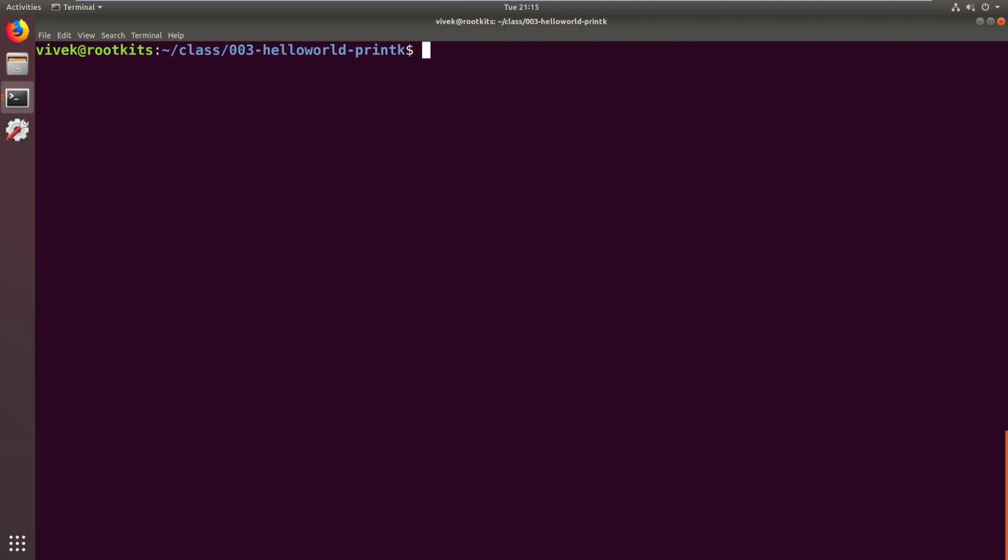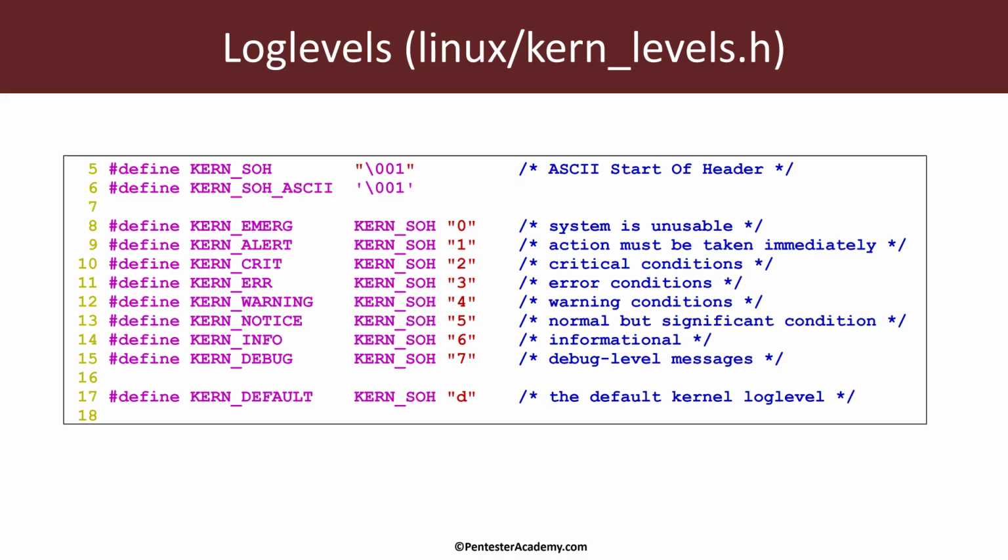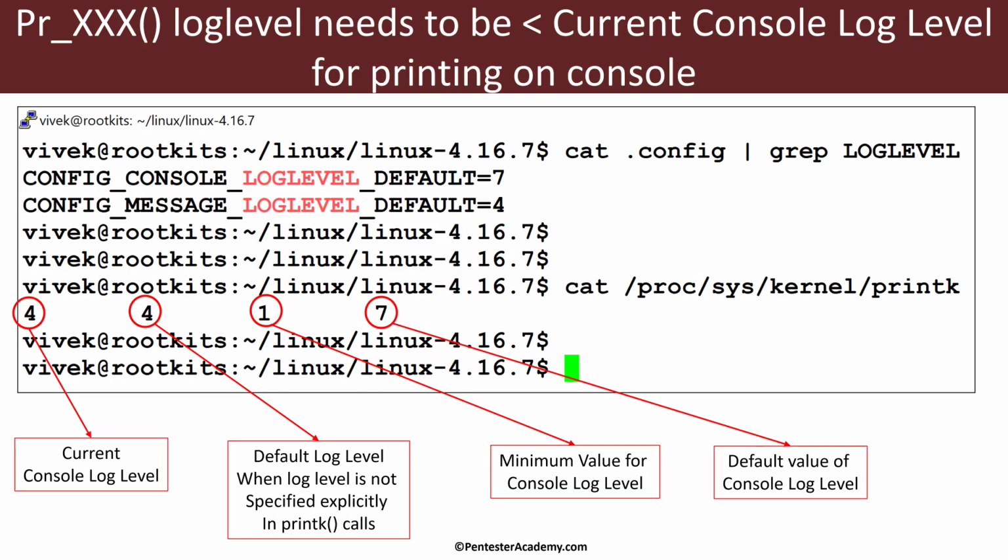So once this part is clear, the next part is, well, why wasn't kern info messages shown on the screen, right? So when we looked at this, we found that we've seen alert, we've seen emergency, but not info. Why is this? Let's demystify this part. Okay.